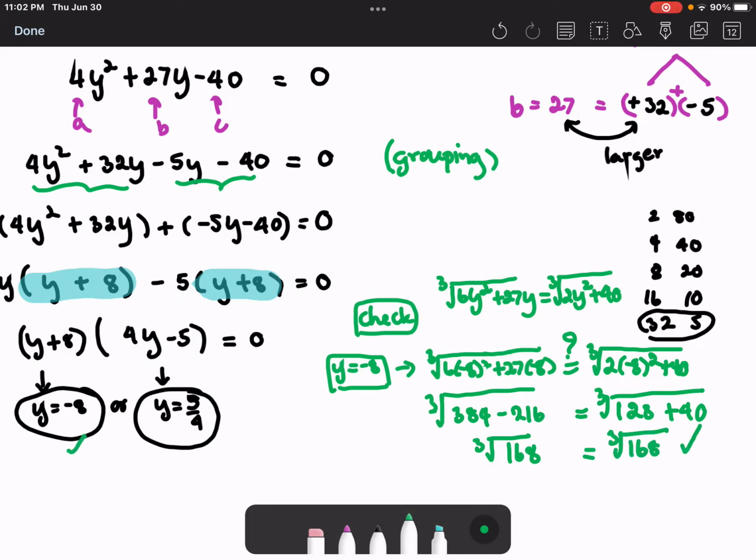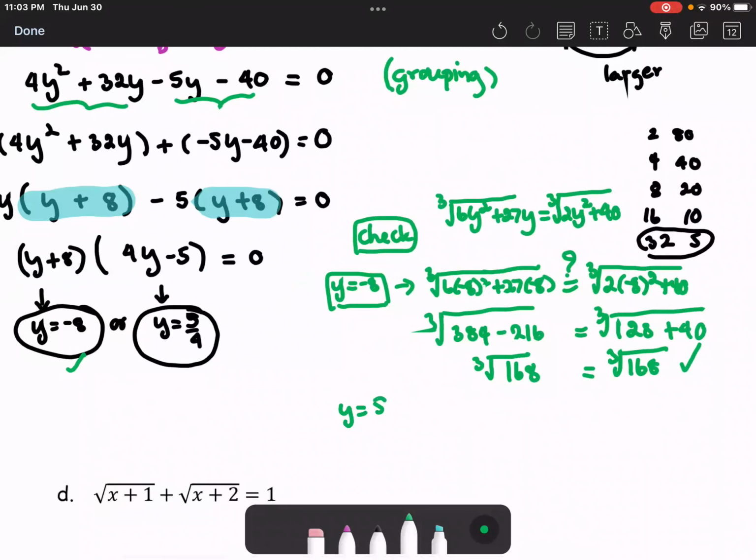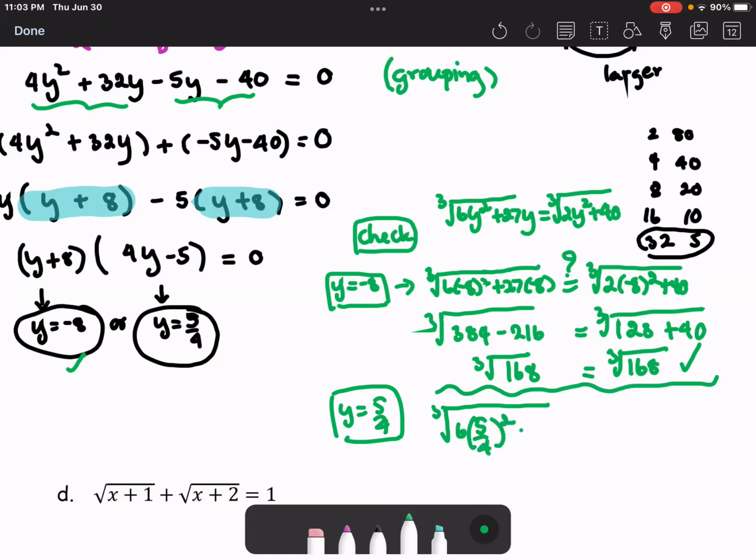And then another one where y equals 5 over 4, we would do the same. To the left hand side, the cube root of 6 times 5 over 4 to the second plus 27 times 5 over 4.